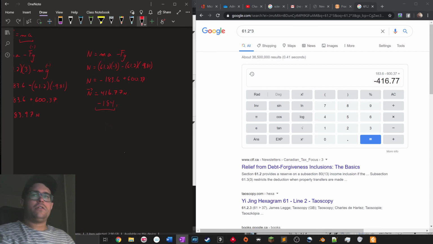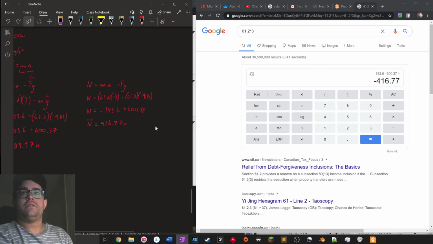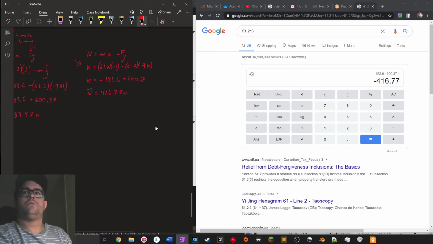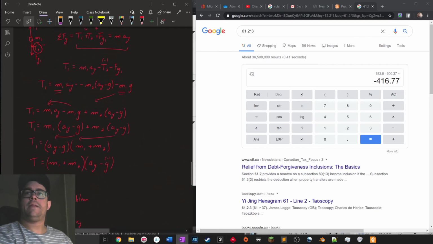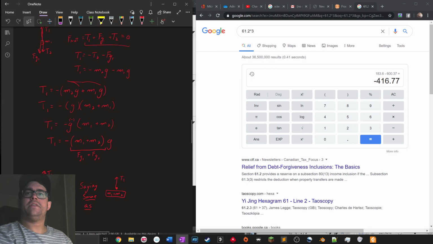The point I want to make from earlier was that this line right here is MAY minus MG. And basically, if this is the same as this, and this formula MAY minus G is this.